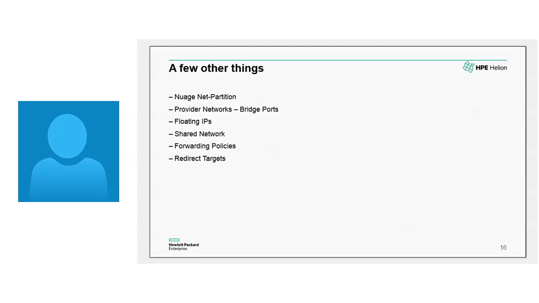So let's come to the first one. If I have an existing data center network, and I want to have VMs on the same network and talk outside, an existing data center network would be a VLAN based network. All of Nuage's networks are VXLAN based. So how would I do VXLAN to VLAN?